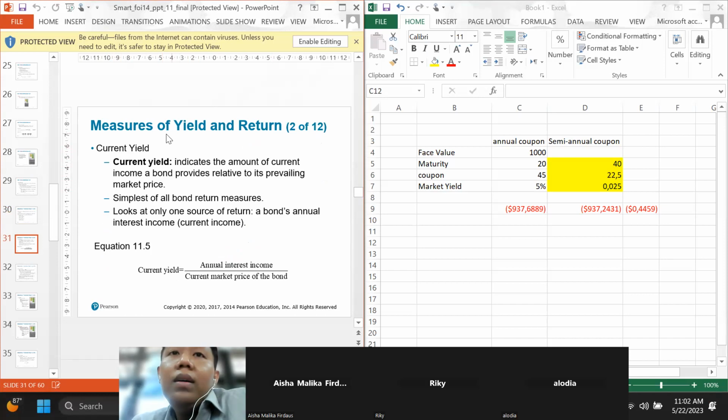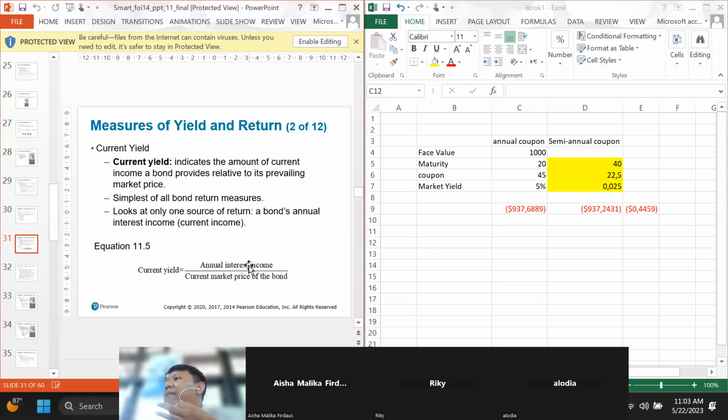The current yield indicates the amount of current income a bond provides relative to its prevailing market price. So the current yield is the interest income that we receive divided by the current price of the bond. It is the simplest of all bond return measures. Usually we take the higher current yield.